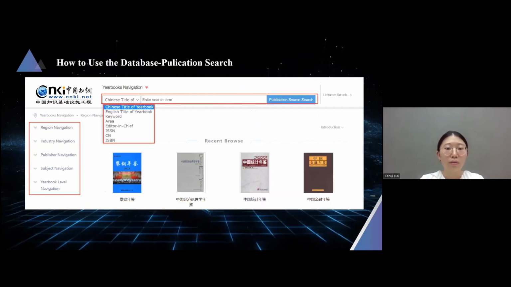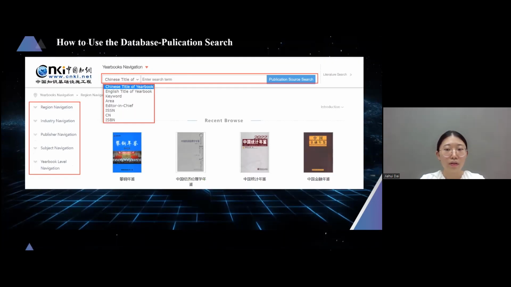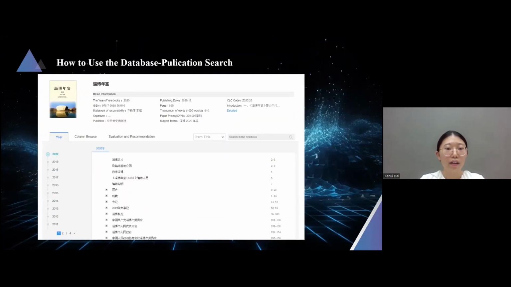If you just want to browse a specific yearbook, you can enter the name of the yearbook in the search box. In addition to searching the Chinese title of the yearbook, you can also search other information of the yearbook, such as the English title and ISBN. Through the publication search, we can find the Zibo yearbook.